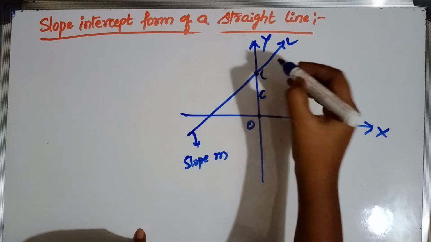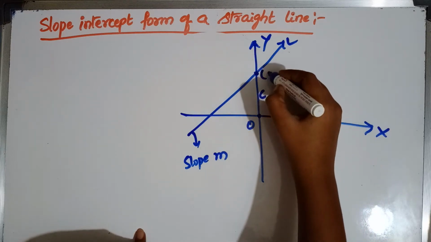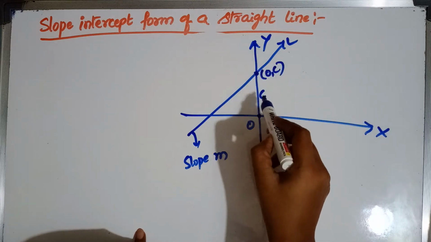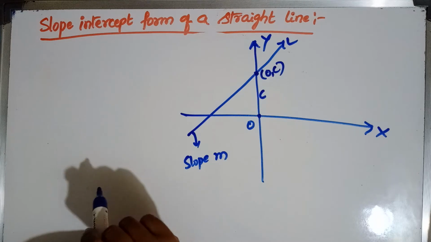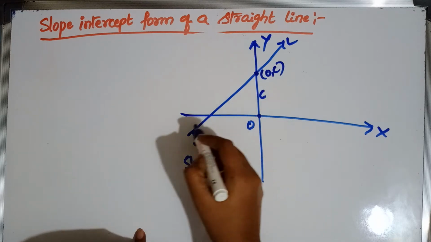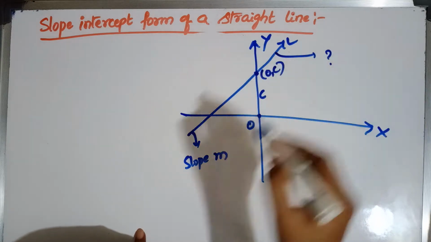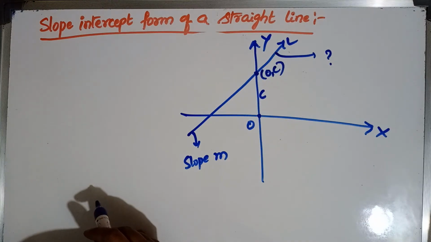That means this line passes through the point (0, c). Here, c is considered as the y-intercept of this line, and we have to find the equation of this line in slope-intercept form.